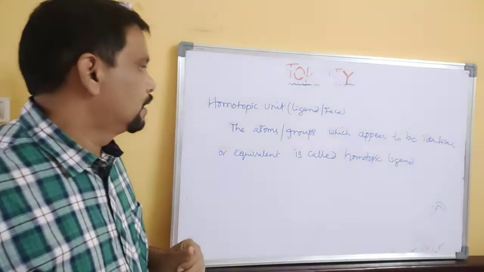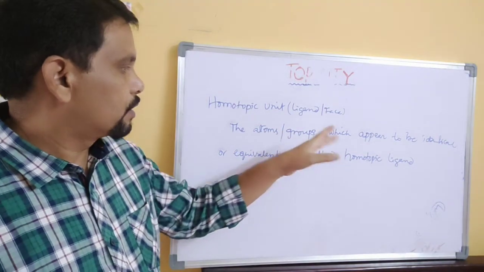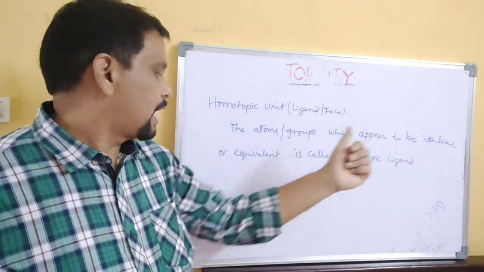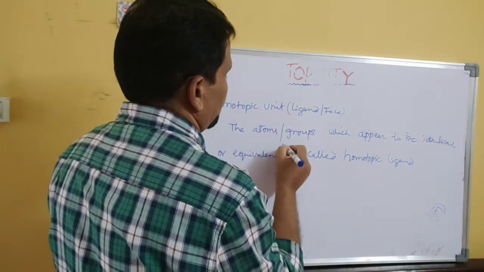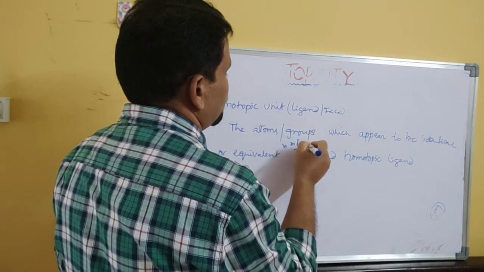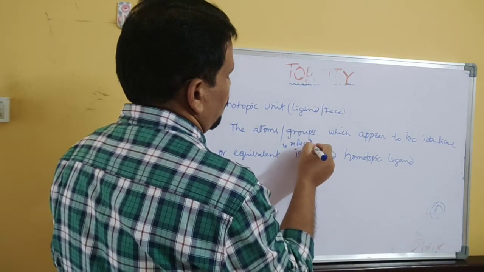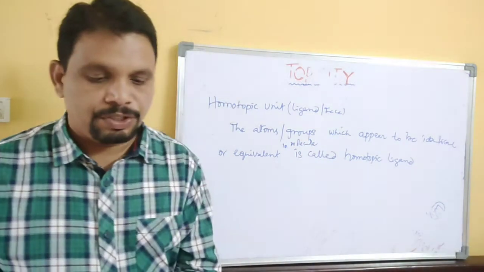Okay, so the atoms or groups which appear to be identical or equivalent in a molecule are called homotopic units.